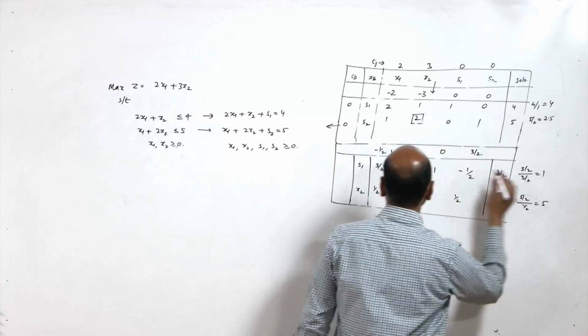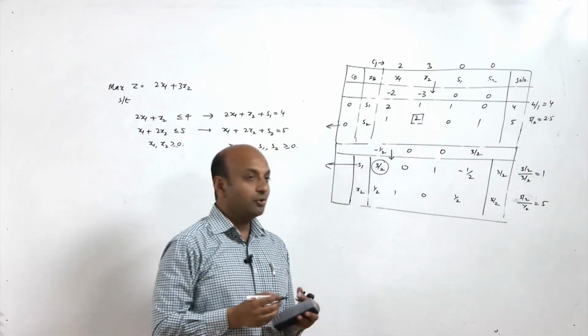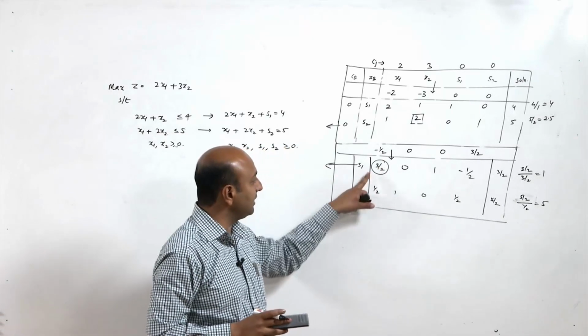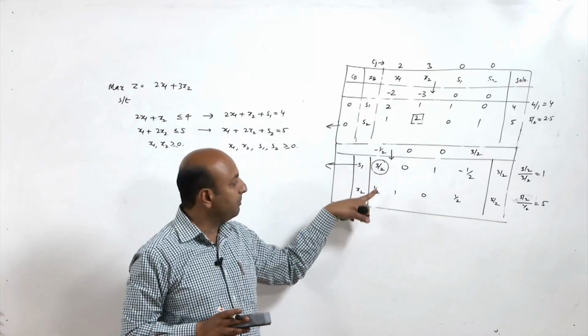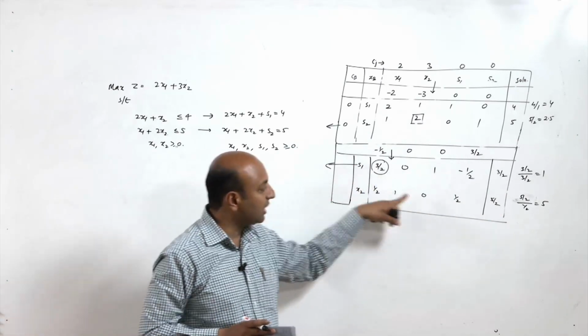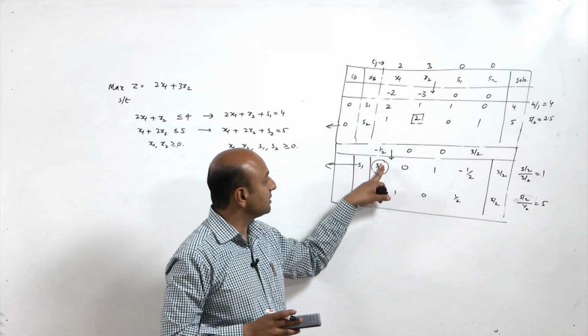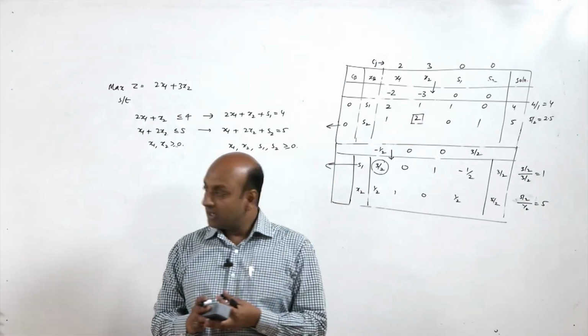So, this is the minimum. So, this will leave, and this is the pivot element. So, again you will complete a table. You will make 1 here by multiplying the entire row by 2 by 3, make 0 here with the help of this minus 1 third of this in the entire row, and this plus 1 third of this make 0 here. So, you will complete a table in this way.